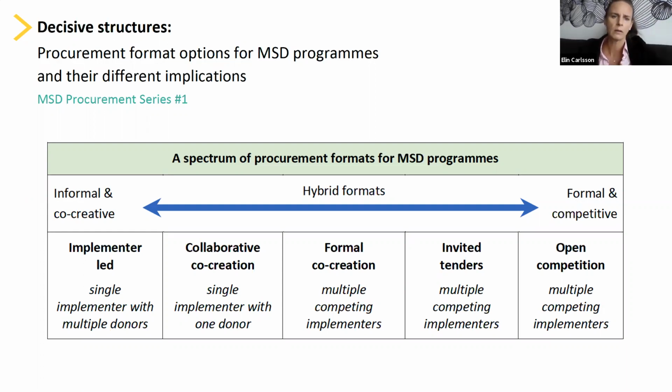And all in all, to wrap up my point, I guess we can say that the Decisive Structures paper explores the landscape of sourcing and the advantages and disadvantages of the various options, but also how these early decisions impact the longer term implementation.